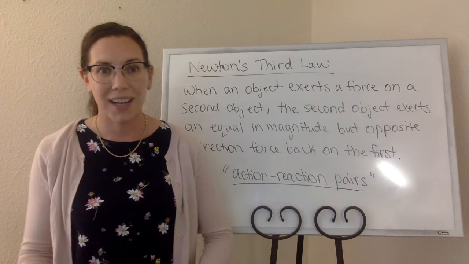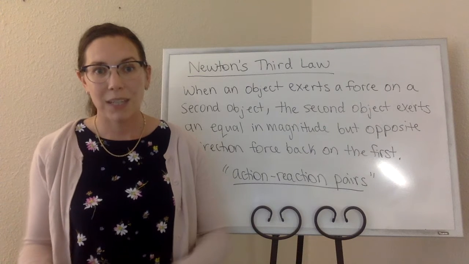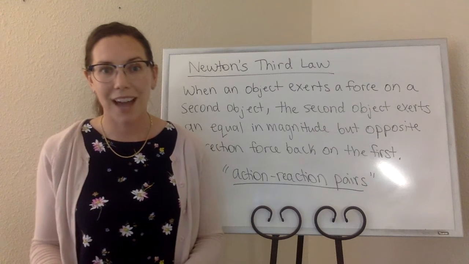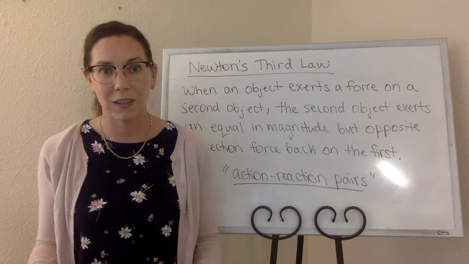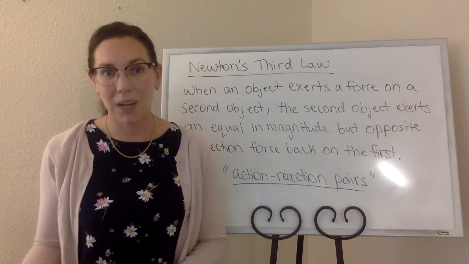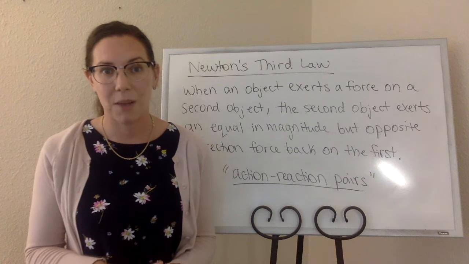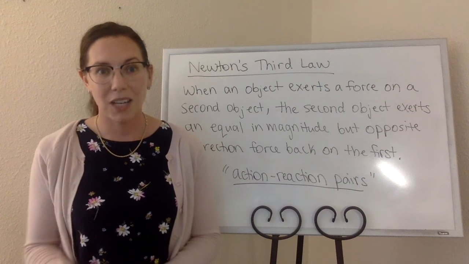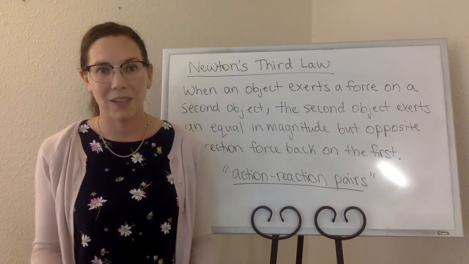When we're identifying action-reaction pairs, we need to keep in mind that these forces act on different objects. If a force is due to an interaction between two objects, one force acts on one object and the other acts on the second object. Secondly, they are equal in magnitude and they're opposite in direction.